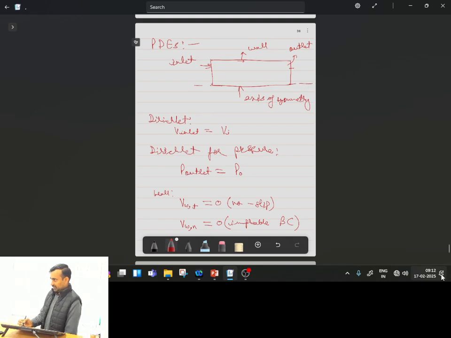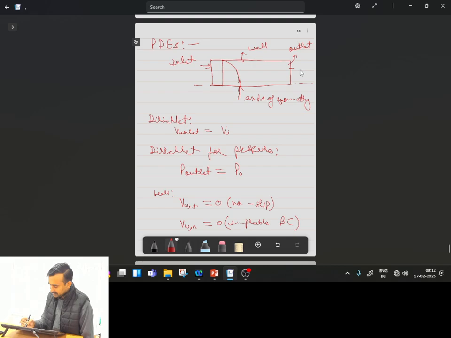Can you tell me what type of condition will exist at the axis of symmetry? We know that in a pipe, the velocity profile is parabolic. So the profile will be symmetric about this axis.